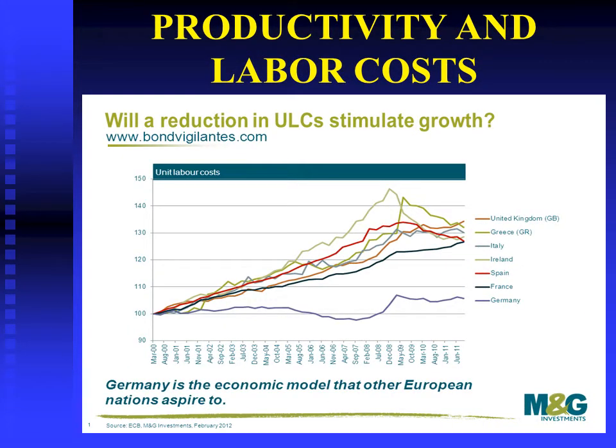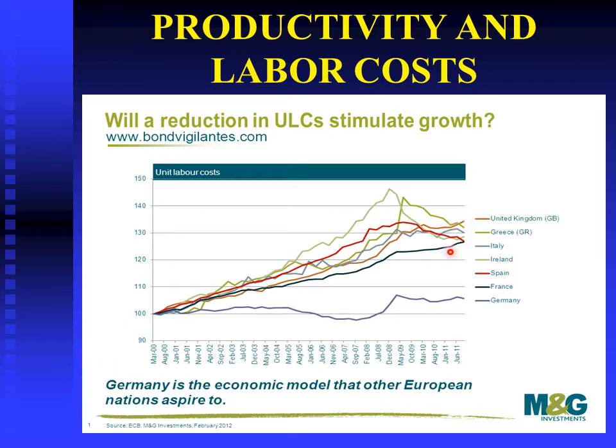The lack of competitiveness of the countries with a large current account deficit can be seen also with this chart. This is the unit labor cost, that is the labor cost in Germany adjusted by productivity. They are so efficient that since 2000 the labor costs for Germany have not risen.